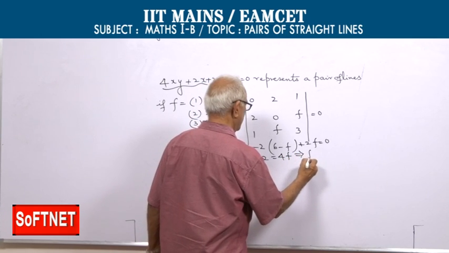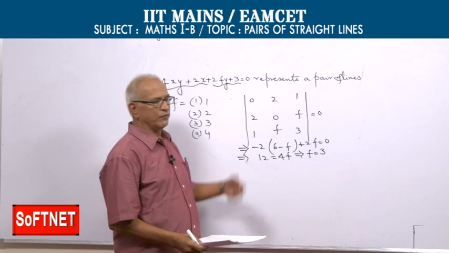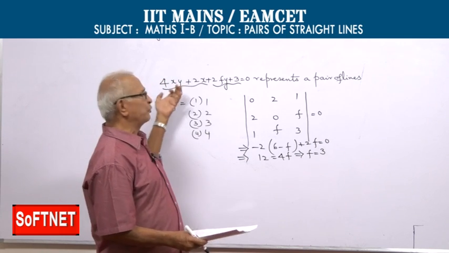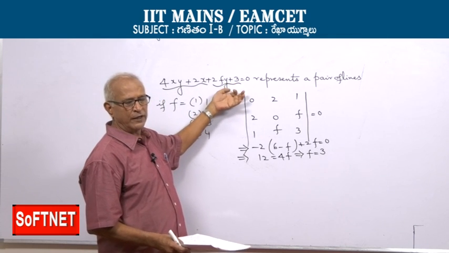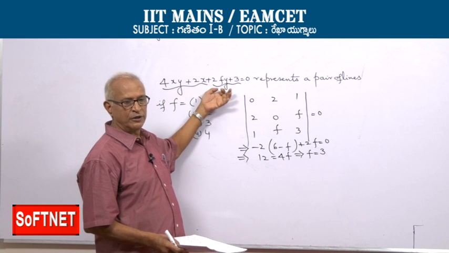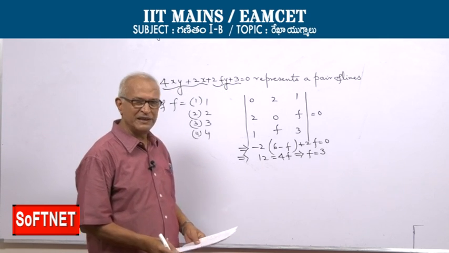That gives f equal to 3. You can compare this working with the previous one. The previous one is straightforward: take 2x common, 2x into (2y plus 1), and this will also be 2y plus 1 in case f equal to 3. That's how you can make things simple.